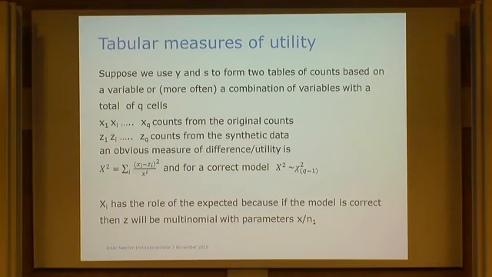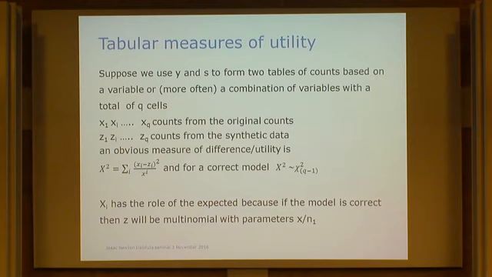It could be a 2-way or a 3-way table. We've got the counts from the y variable, which I'm calling x, and the counts from the synthetic s variable, which I'm calling z. So an obvious thing to do would be to calculate a chi-square statistic for this. And I think you would probably agree that for a correct model, that should be chi-squared with q minus 1 degrees of freedom.